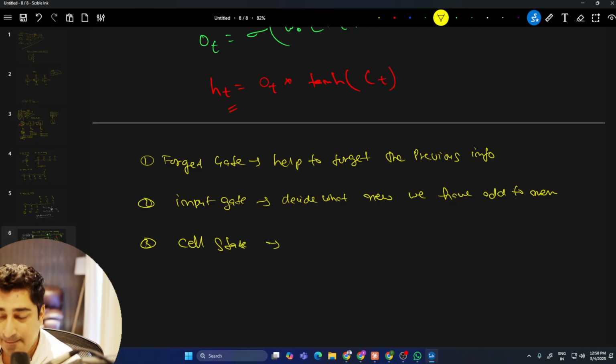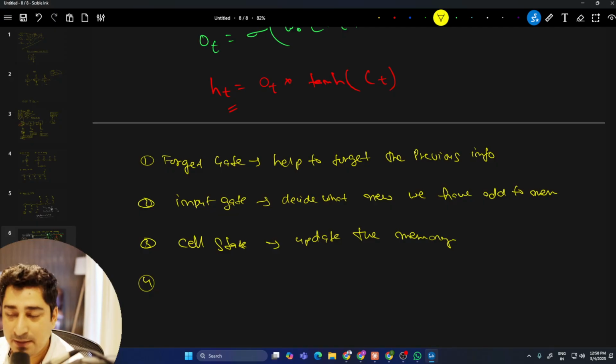Cell state basically. So it will always try to update the memory. And then the fourth one is basically the output gate.